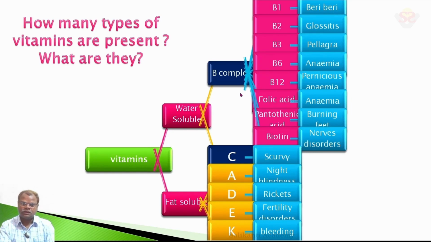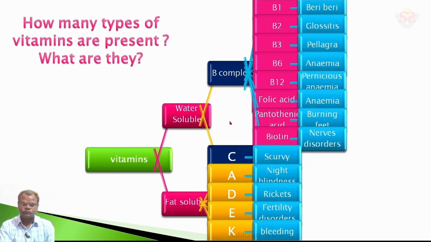I think you are clear about the vitamins and types, their chemical names, their rich source food materials, and the diseases caused by their lack.